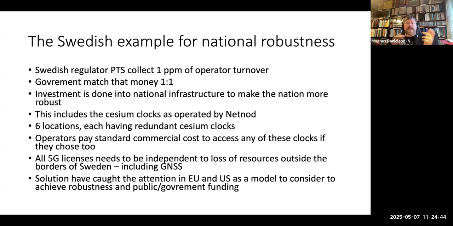It also importantly works in a neutral fashion. And this is kind of an enabler that helps, because an operator can now just plan to tap these different locations and spread throughout their network as they see fit, but they do not need to invest in their own cesium setups.